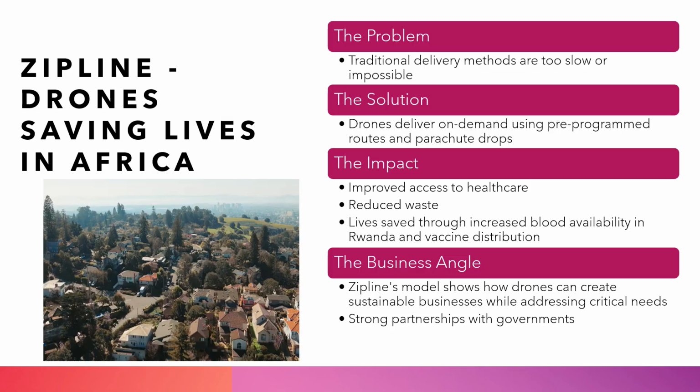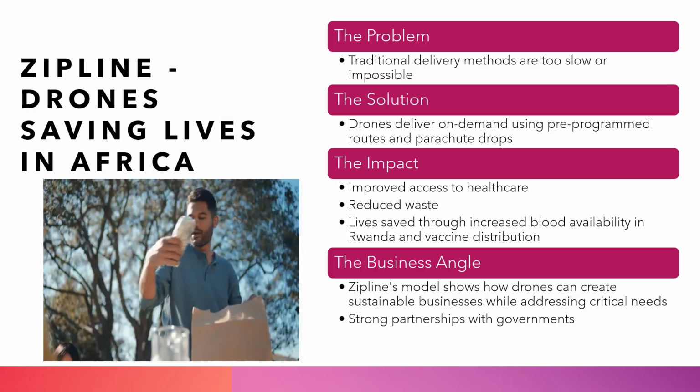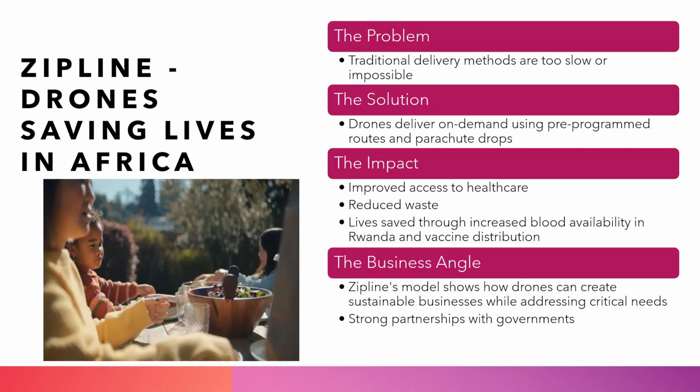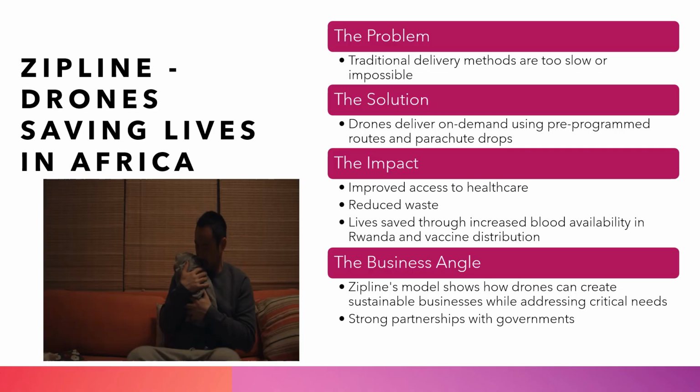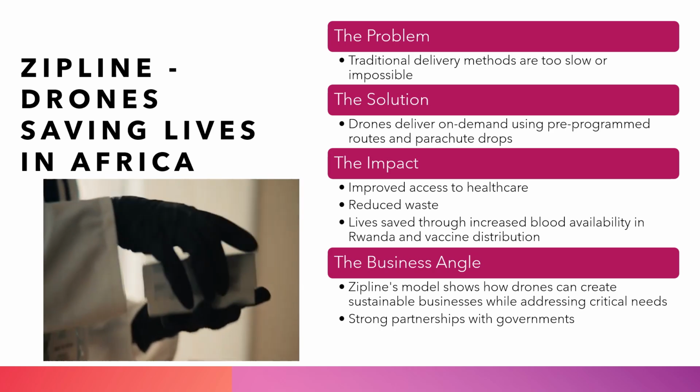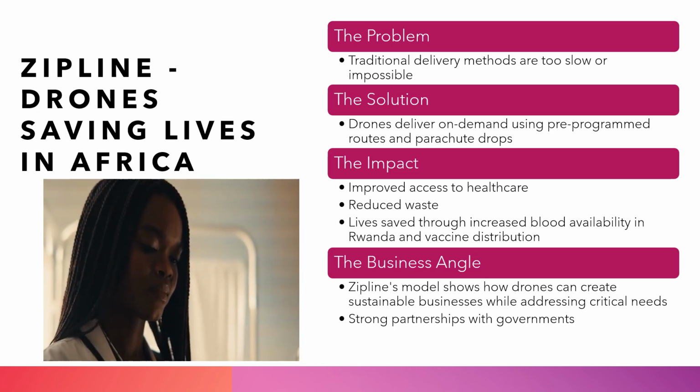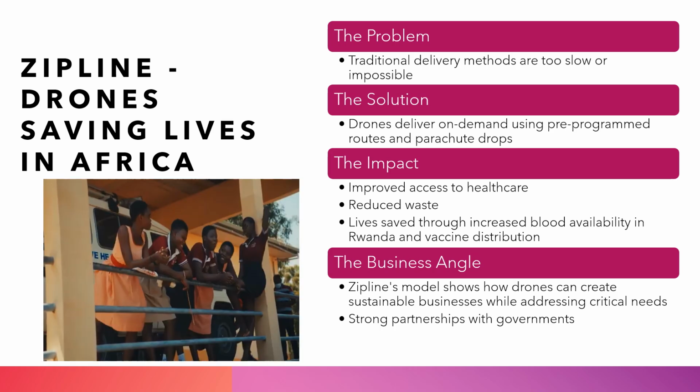Zipline originally started delivering blood samples and medical products in Rwanda in 2016 and has since expanded to food, retail, agricultural products and animal health products, etc.